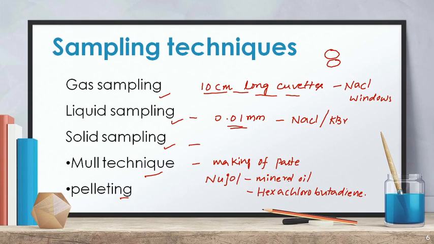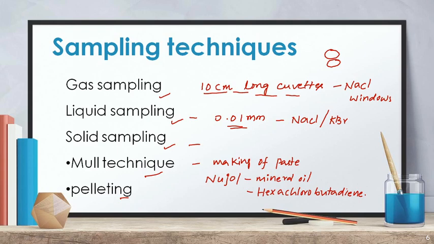When the oil is mixed with the sample, which is present in solid form, we have to grind the two contents using a mortar and pestle. You will get a pasty or syrupy compound.